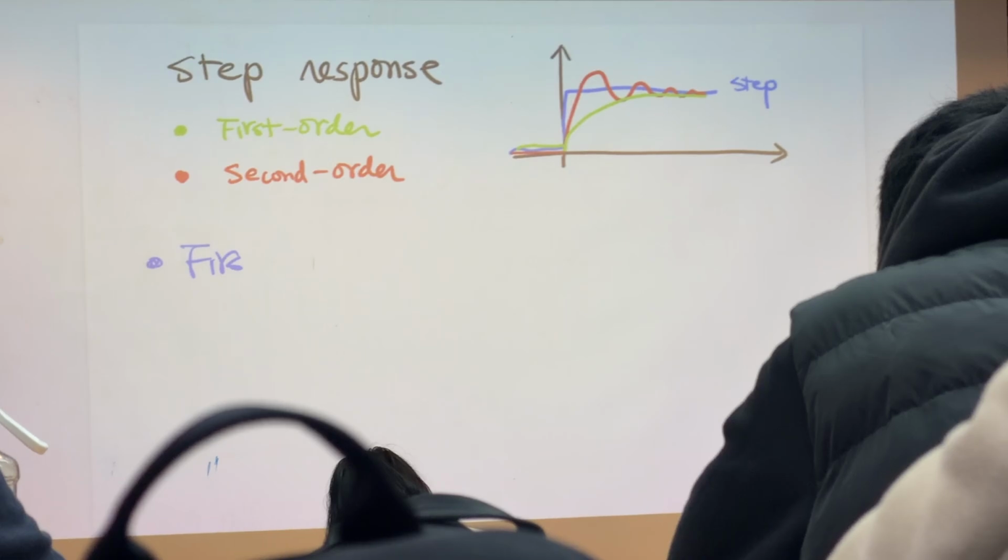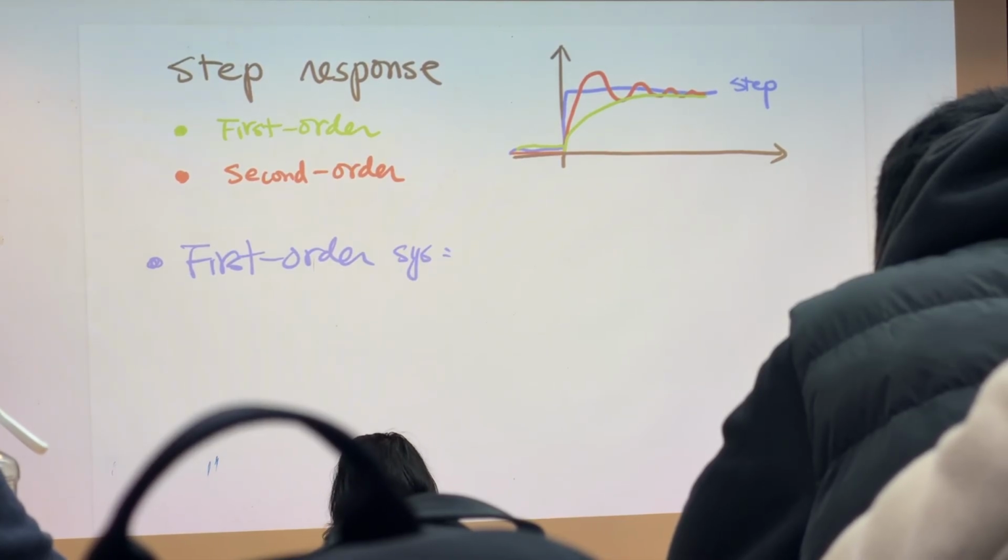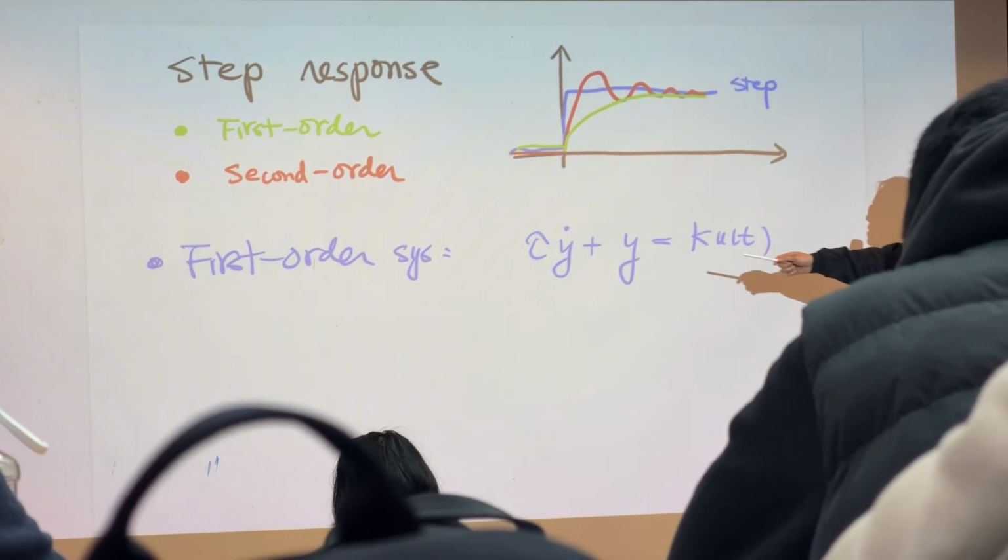First order system, we can always have tau y dot plus y equals K u(t). Okay, and tau means time constant.